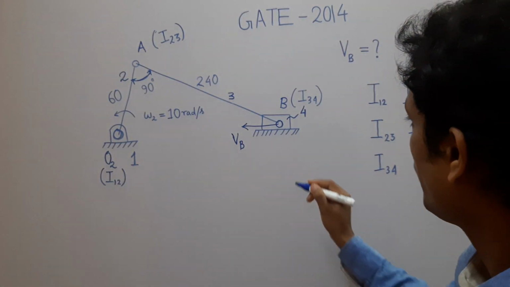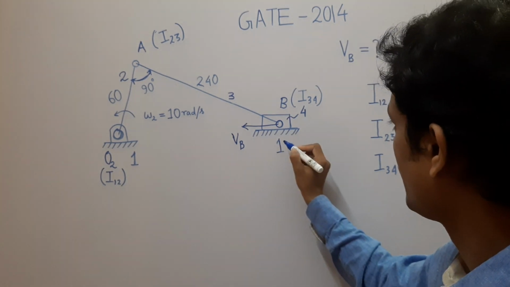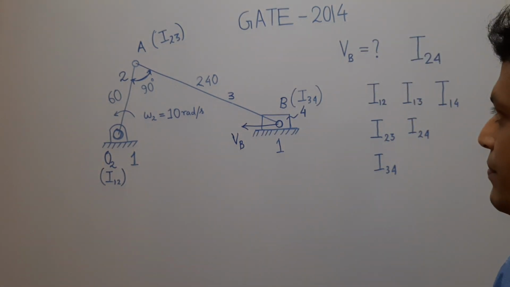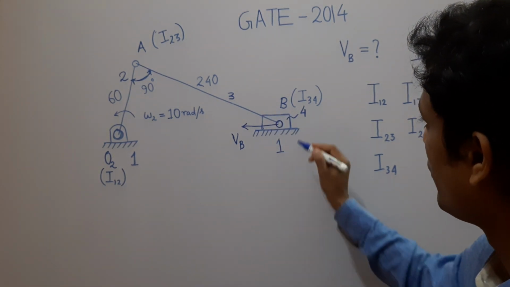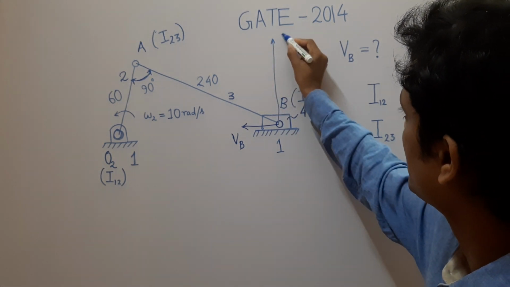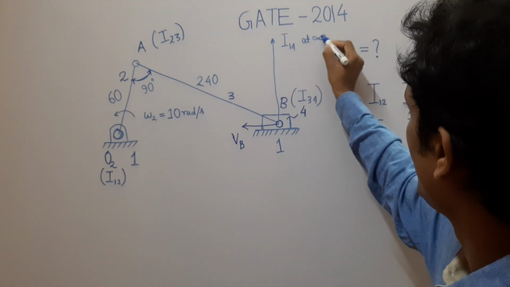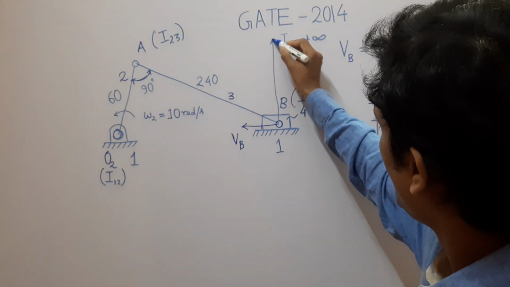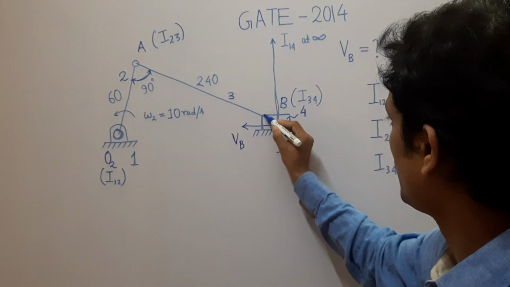Where is I14? Link 4 is connected to link 1, the fixed link, by a prismatic pair, and 4 has a pure translation. So all points on 4 will have the same velocity, and when a body has a pure translation, the relative instantaneous center I14 lies at infinity, on a line which is perpendicular to the direction of motion of the slider.